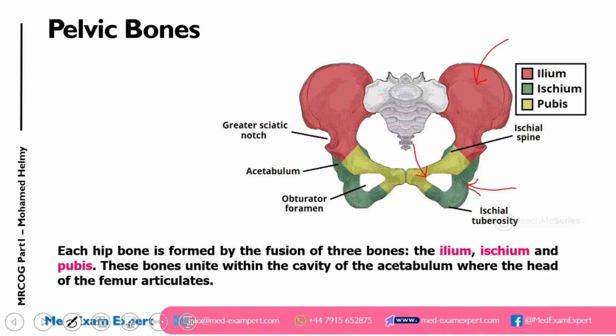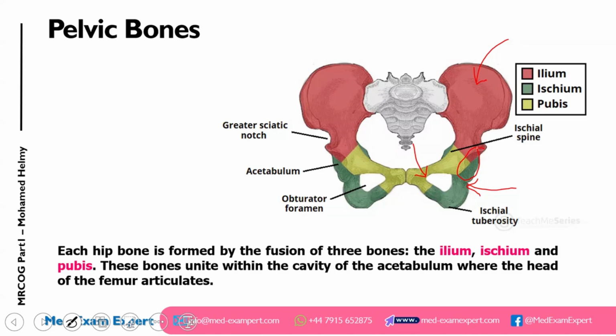These three bones, the ilium, ischium, and pubis, are joining together at the acetabulum here. The acetabulum is the bony cavity where the femur head articulates. So this is the place where the three bones join together.